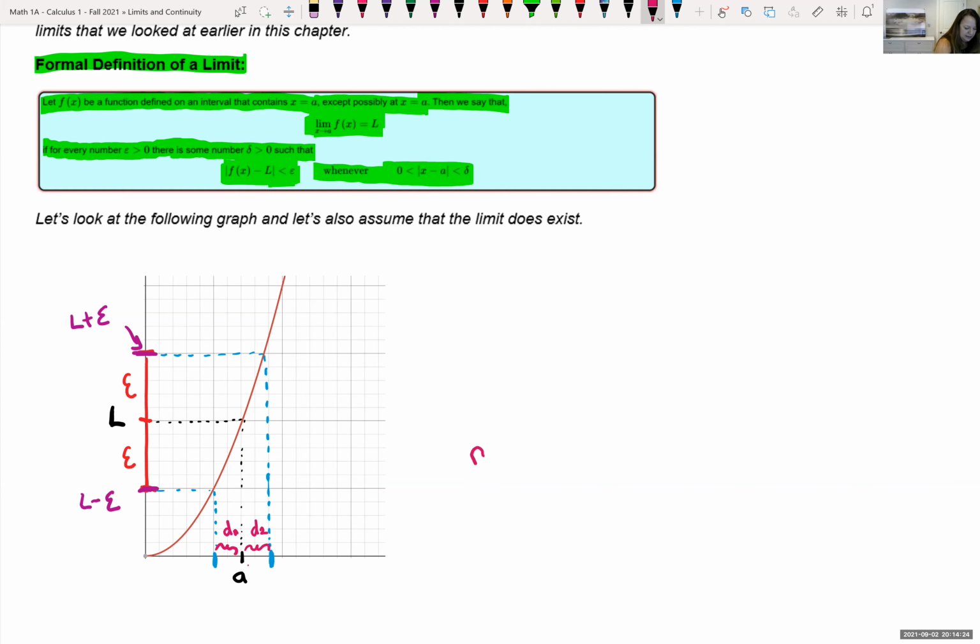So delta has to equal the minimum, whichever is smaller, of the set of distance 1 and distance 2.